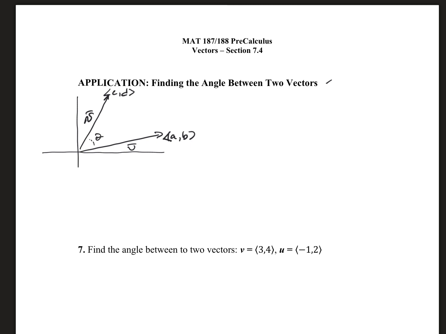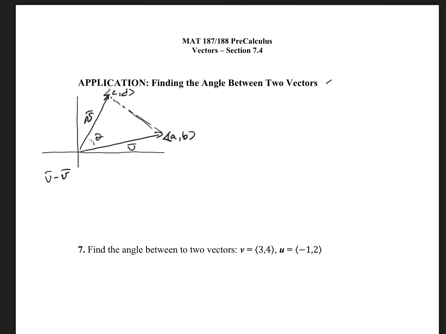And it turns out that if we basically considered u minus v, all right, we'd end up with this vector right there, right?